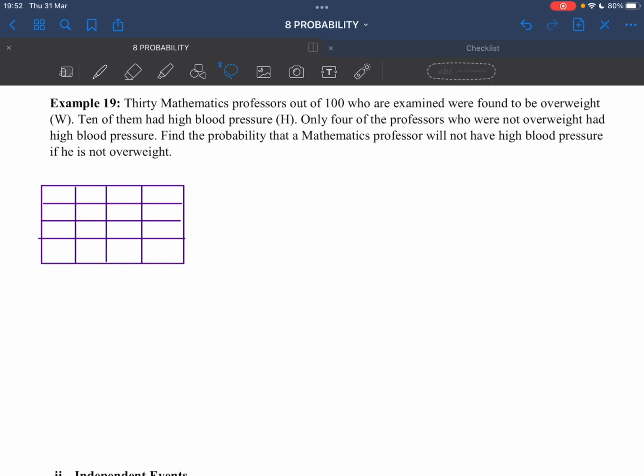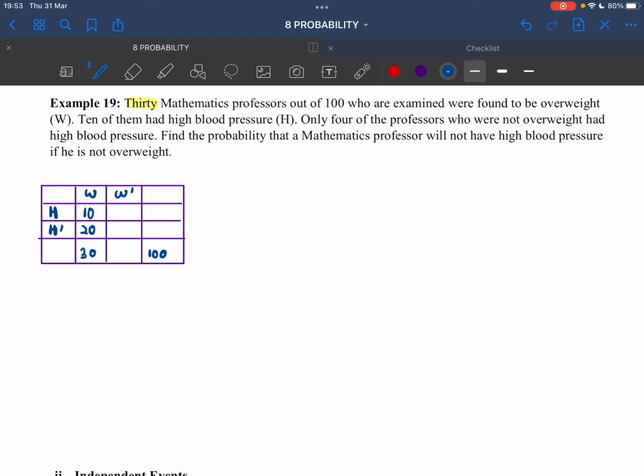Here's our table. We have overweight and not overweight, and put those two events together with high blood pressure and no high blood pressure. Let's fill in our table. 30 mathematics professors out of 100, so the total is 100. 30 are overweight, so 30 should be here as the total. 10 of them had high blood pressure, so that means 20 don't.